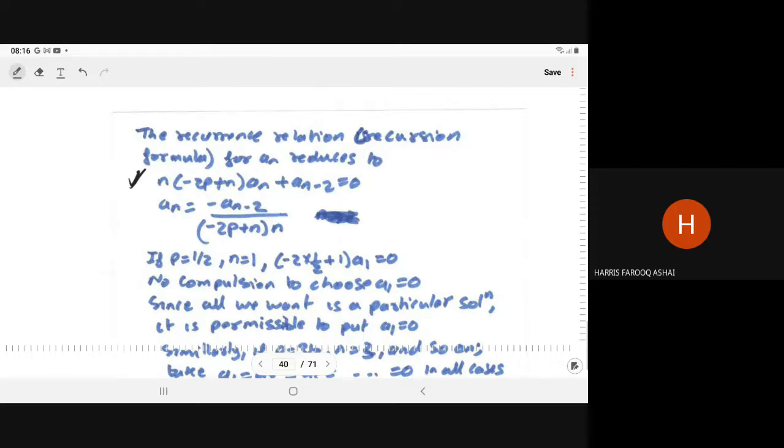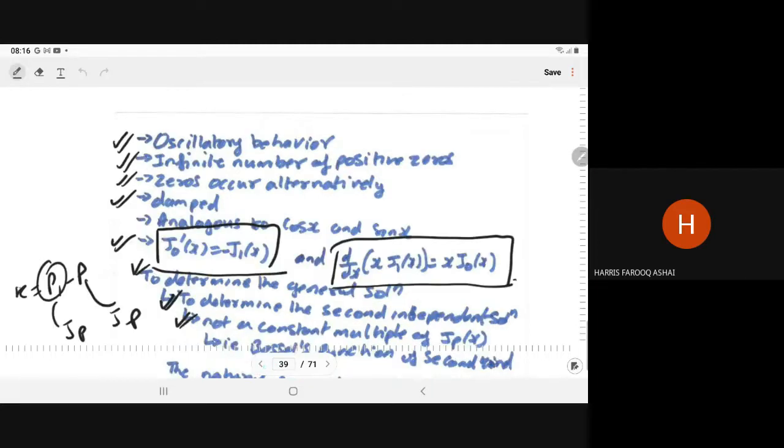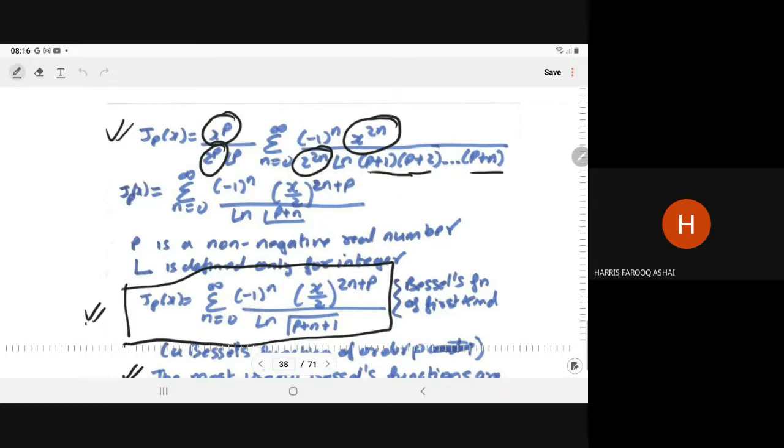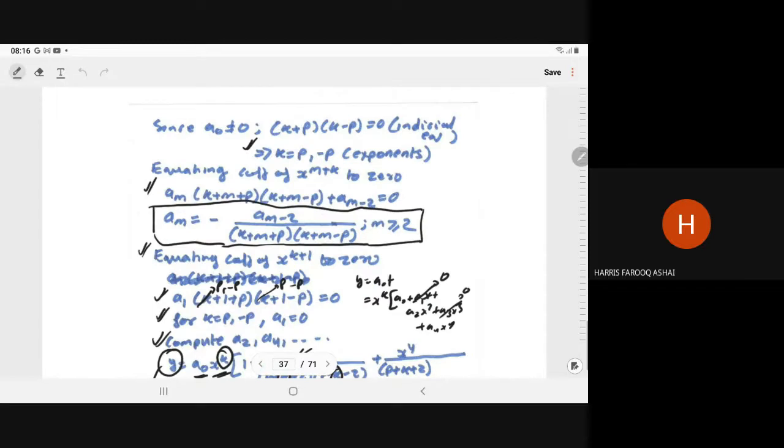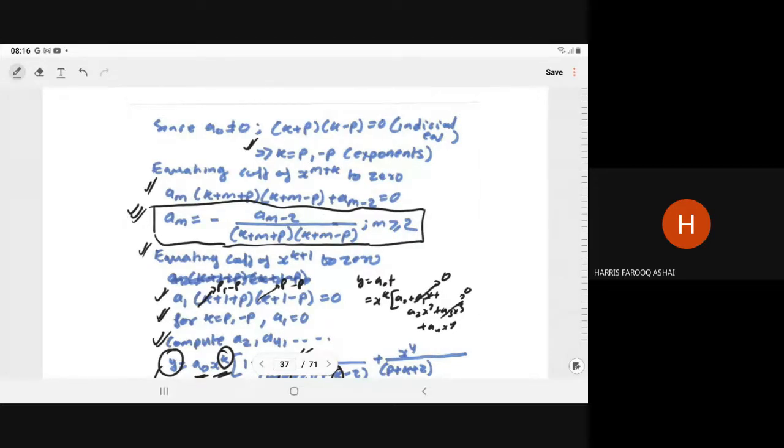In that, when we put m equal to minus p, the recurrence relation will come: n(n minus 2p) an plus an minus 2 is equal to 0. In the previous class, I derived this recurrence relation. So when we put m equal to minus p, you will get the required recurrence relation.